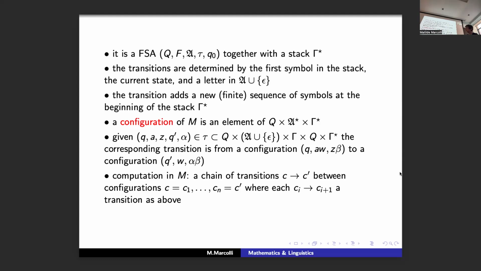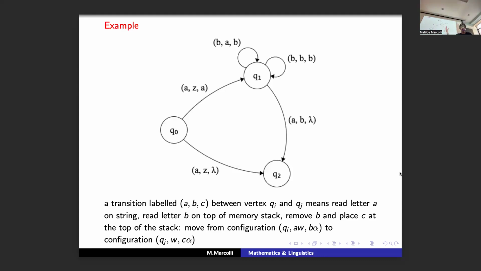So a computation in your push-down stack automaton is a chain of transitions from one configuration to another, achieved by a sequence of transitions of this kind.